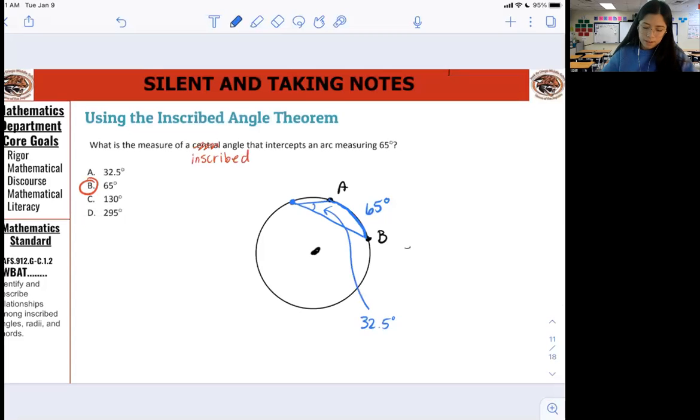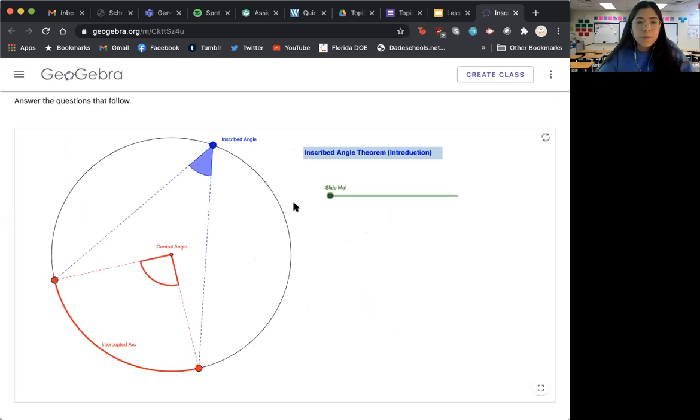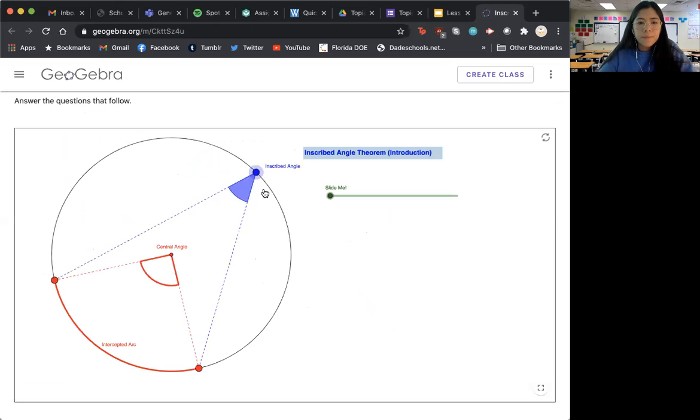Yes, it is. Does it matter where on the circle it's located? It does not. So don't get it twisted. I can move this every which way, all the way around the circle, and it's still going to be the same exact measurement.